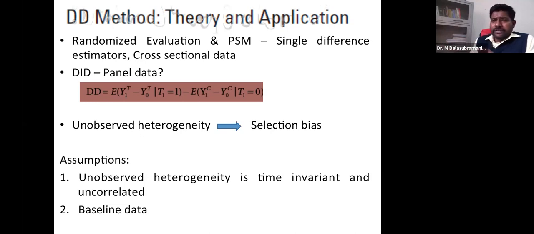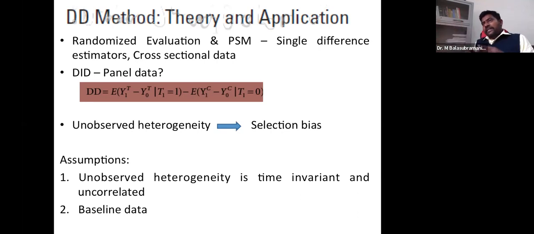In the PSM model or randomized evaluation techniques, we use only single difference estimators, either with or without, or before. But here we are using the combination of both.